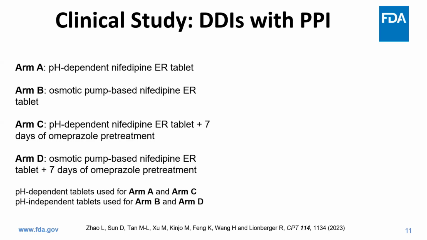So there are 4 study arms, arms A to D. Arms A and B used nifedipine ER tablet only, without omeprazole pretreatment, where arm A used nifedipine ER tablet that has pH-dependent dissolution rate, while arm B used osmotic pump-based nifedipine ER tablet that has pH-independent dissolution profile. I will show you the different pH-dependent versus pH-independent dissolution profiles in a later slide.